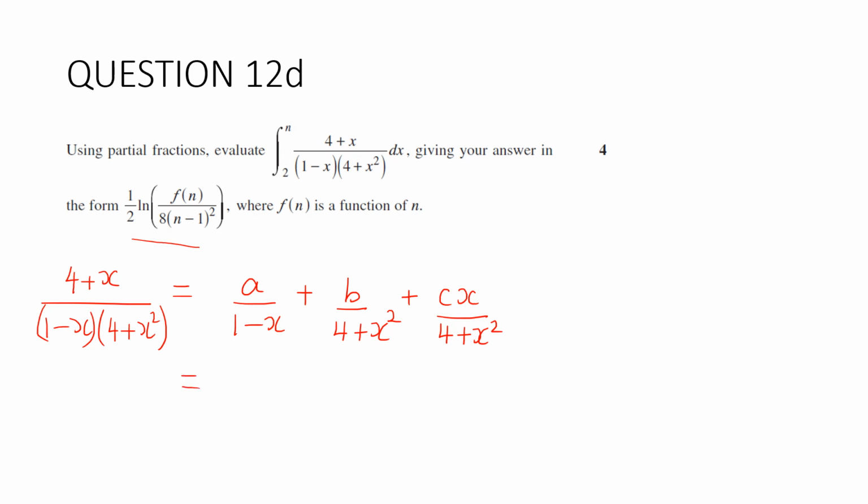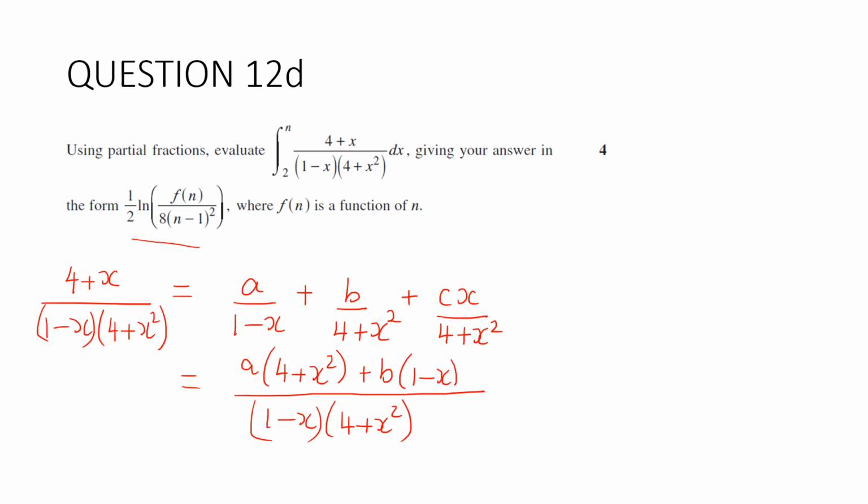All right, tidying that up, it's going to be equal to 1 minus x brackets 4 plus x squared, and we have got a outside of 4 plus x squared plus b outside of 1 minus x plus cx outside of 1 minus x.